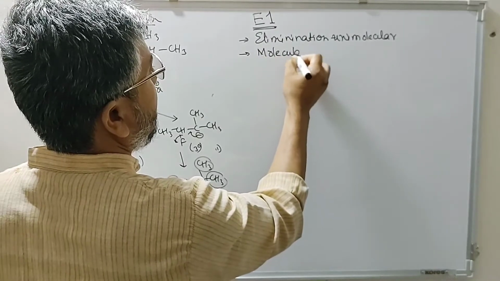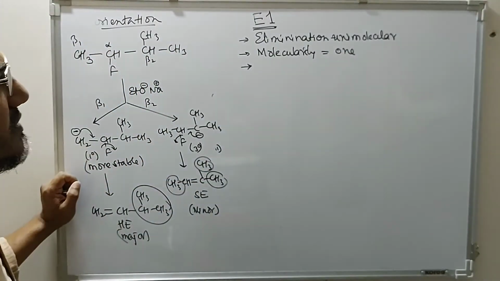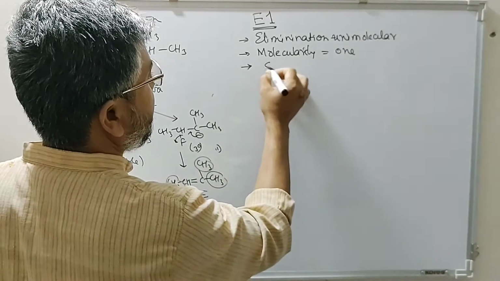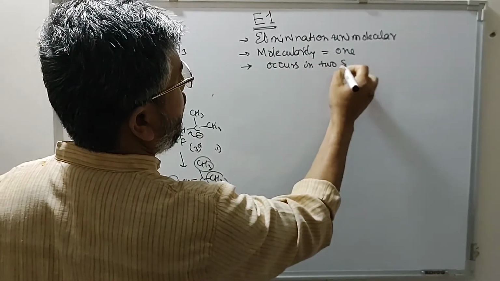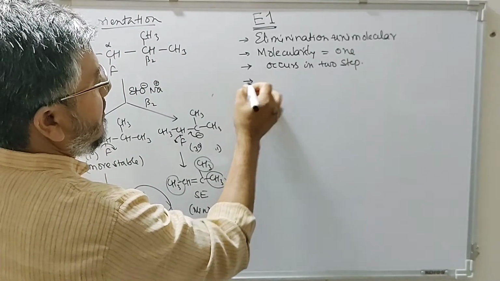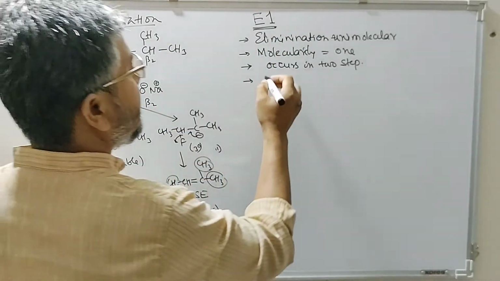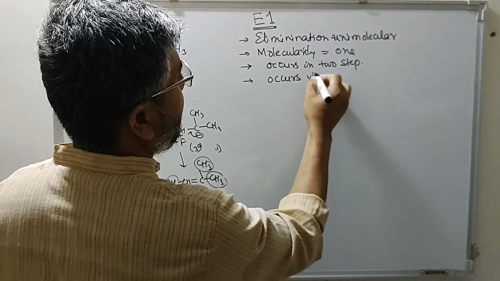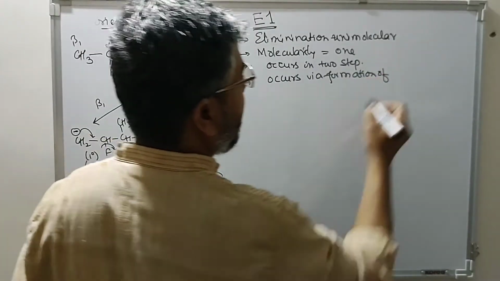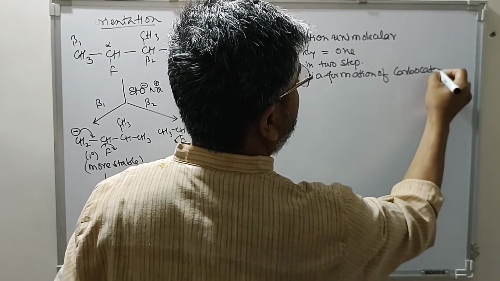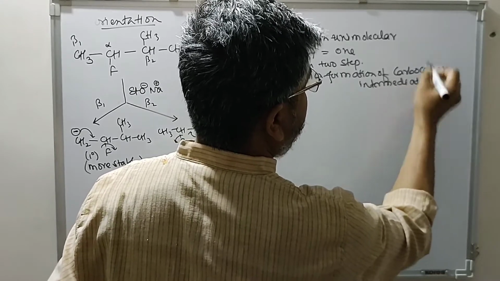The molecularity of the reaction is 1. This reaction occurs in 2 steps, and the E1 reaction occurs via formation of a carbocation intermediate.